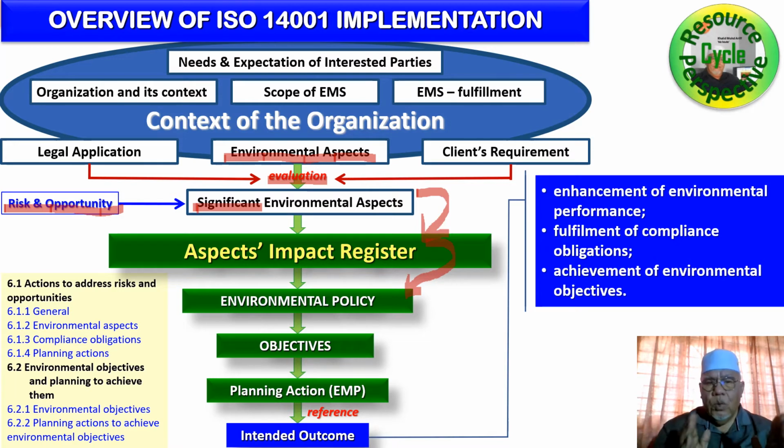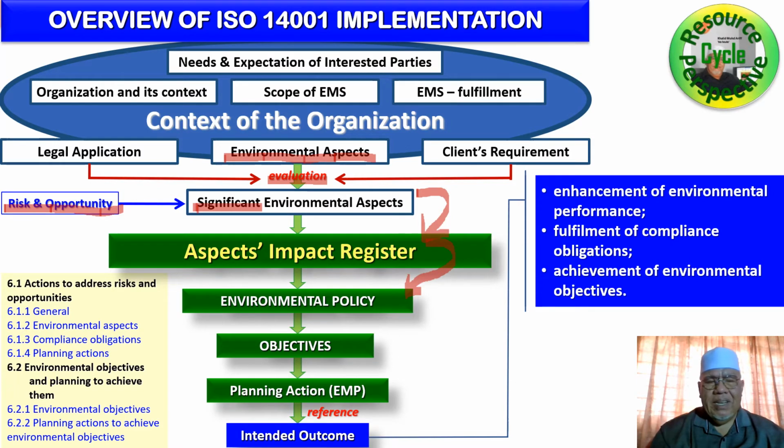Once that is known, only then we develop the policy, and then after we know our position as far as our commitment for environmental management is concerned, we lay down the list of objectives. We've got to sit with the top management.